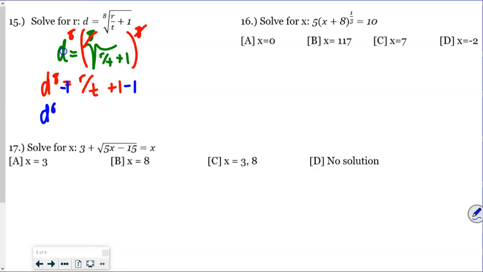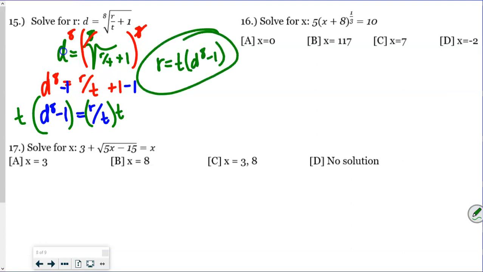That's going to be D to the 8th minus 1 is equal to R over T. And how do I get rid of a T in the denominator? Don't I multiply both sides by T? I do indeed. So R is going to be equal to T times D to the 8th minus 1. That's our answer. So this last one, or number 16, sorry, says solve for x.